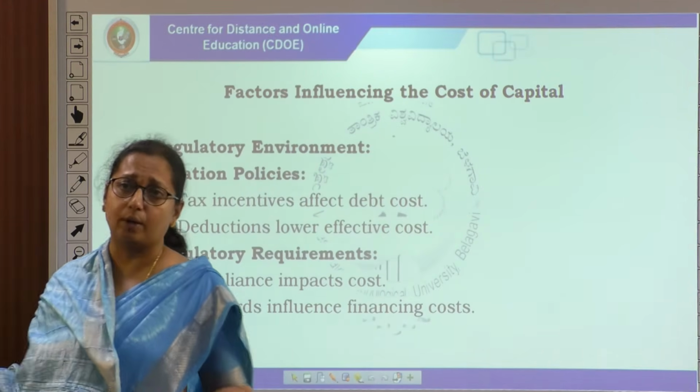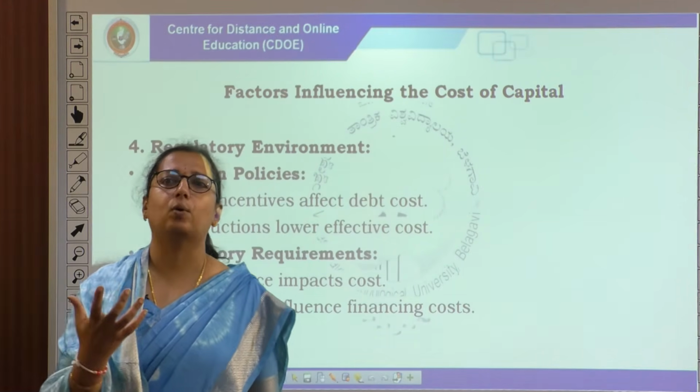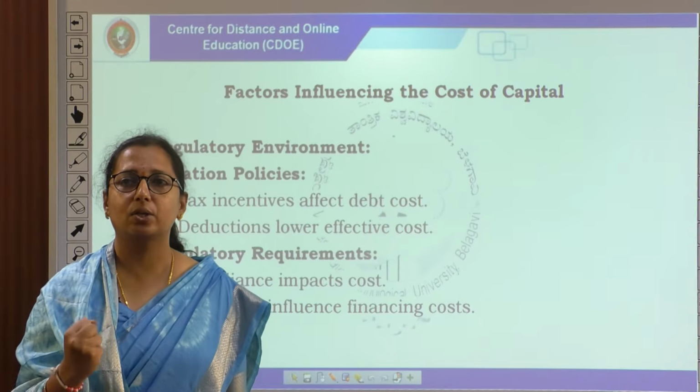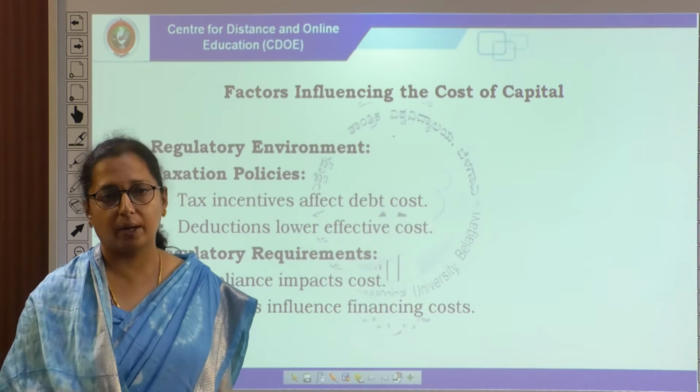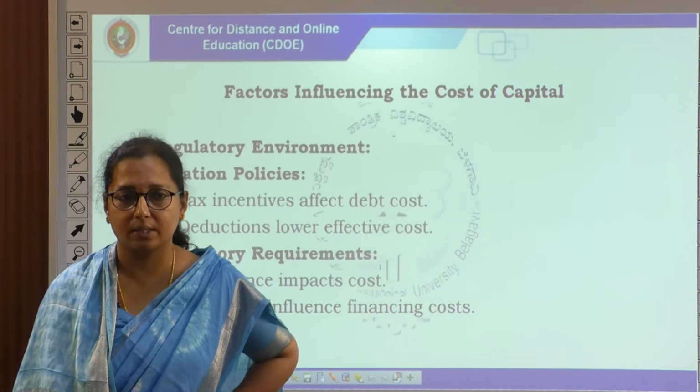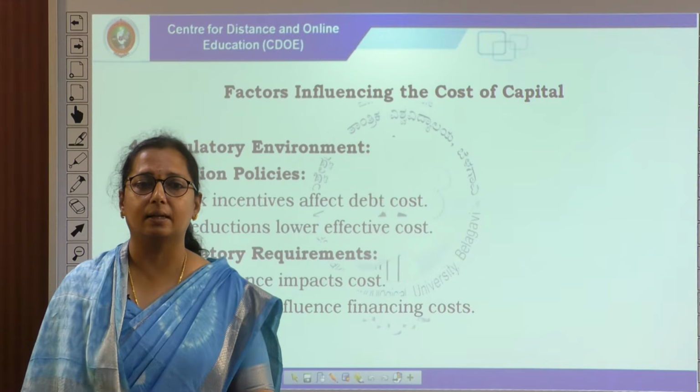Next, regulatory environment. What are the rules, norms and regulations framed by an organization? That is the taxation policy: tax incentives affect the debt cost and deductions lower the effective cost, and regulatory compliance requirements impact cost and standards influence financing cost. The taxation policy, whether it is advance tax, interim tax or annual tax, always affects the debt cost.